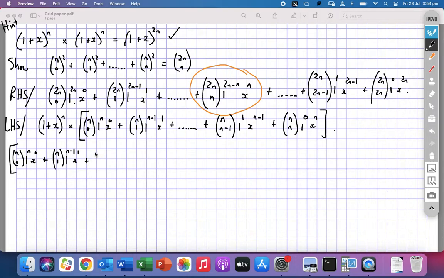I'm not sure how many I can fit across the page. N choose 2, 1 to the n minus 2, x to the 2, plus dot, dot, dot, plus.